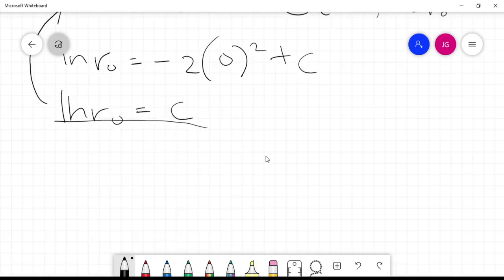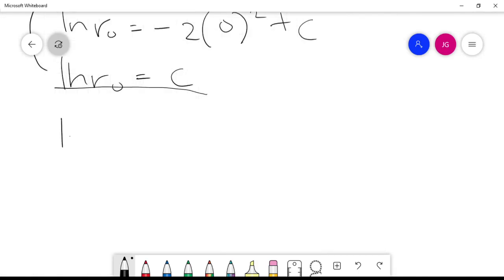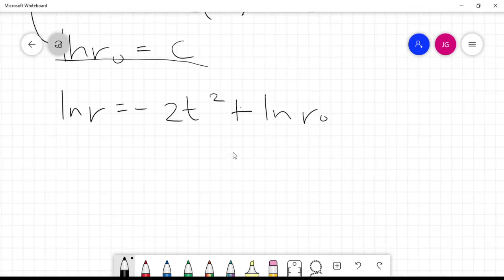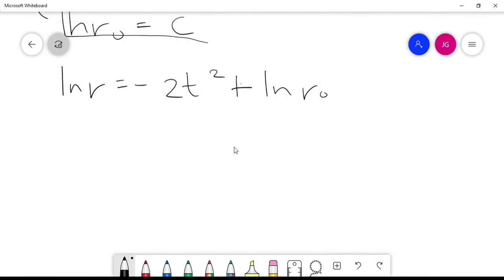So ln r is equals to negative 2t squared then plus ang value sa ato ang constant, that is ln r0. Okay, again, kailangan na ito kuhaon ang equation, ang final equation in terms of r.